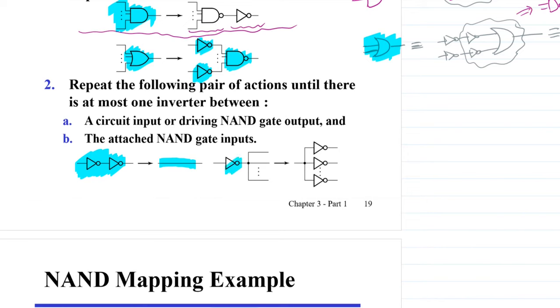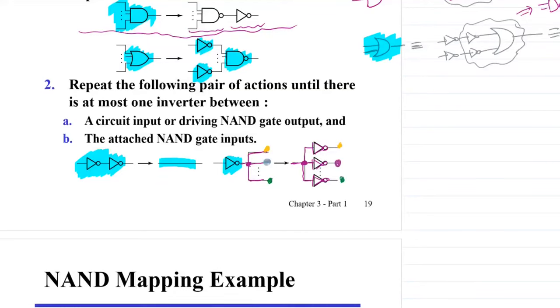If we have an inverter which provides signal to multiple branches, we can move that inverter after the branch point. If we do so, we need to repeat that inverter in all those branches, because at the end, what we need is the same signal here and there, or here and there. At each branch, we need to have the same signal.